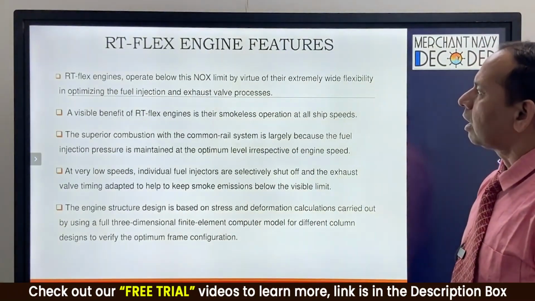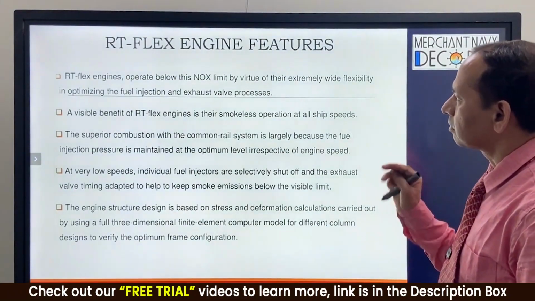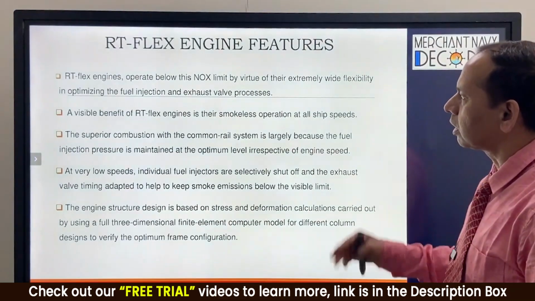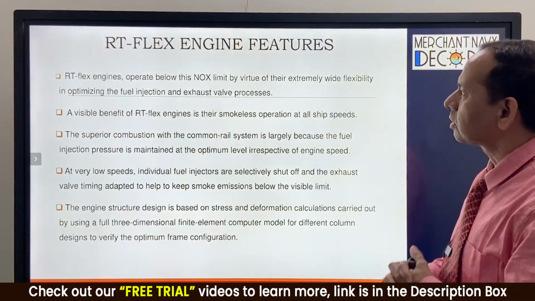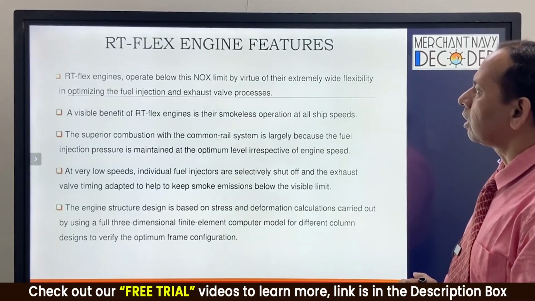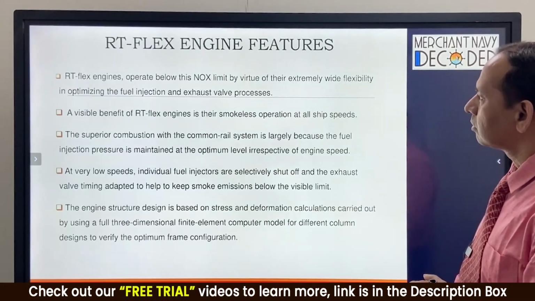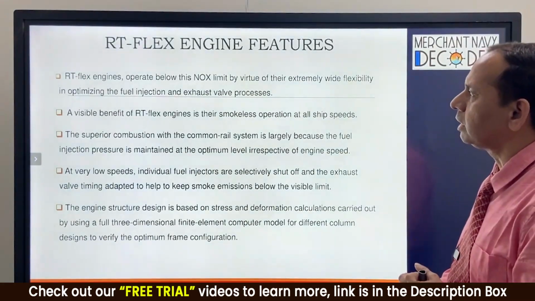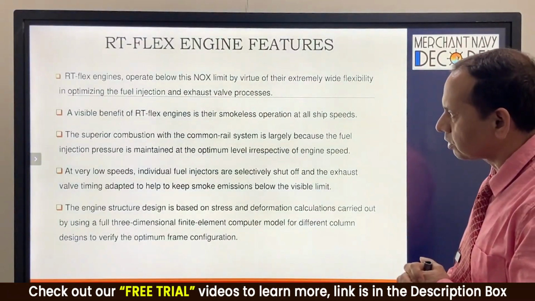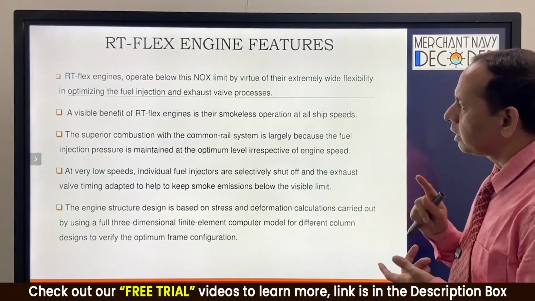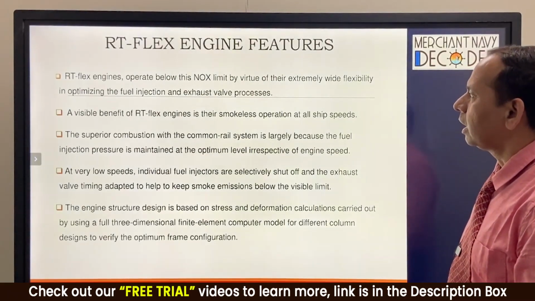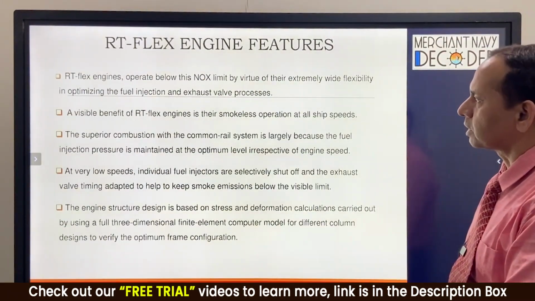The MNDFLIX engine operates below the NOx limit. We have shown the graph earlier in our discussion. Why is it operating below the NOx limit set by the IMO? Because of the flexibility in the design and optimization of fuel injection and exhaust valve actuation, by introducing the common rail and the electronic control principle.